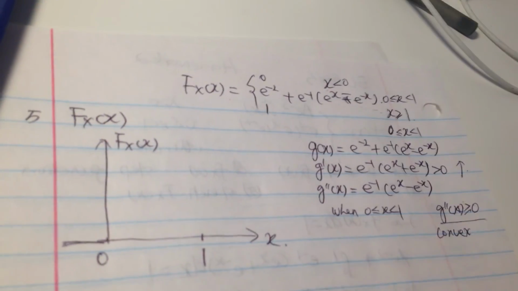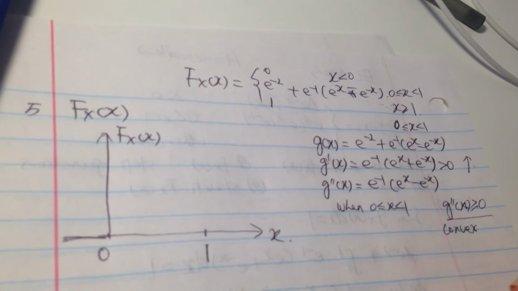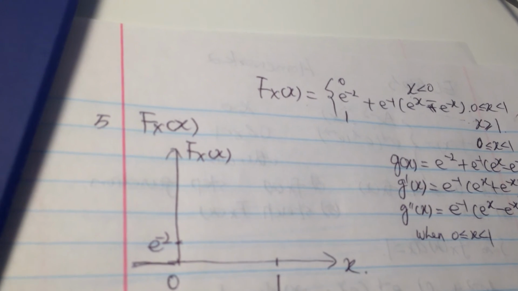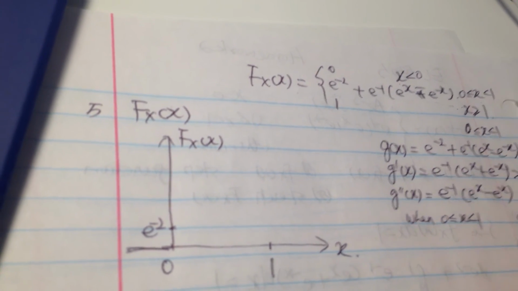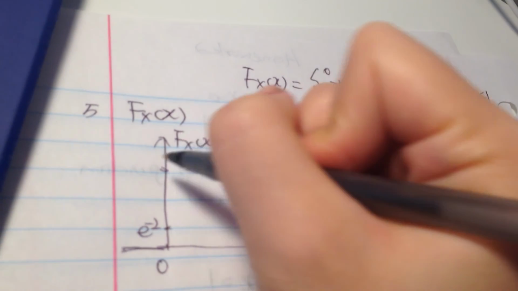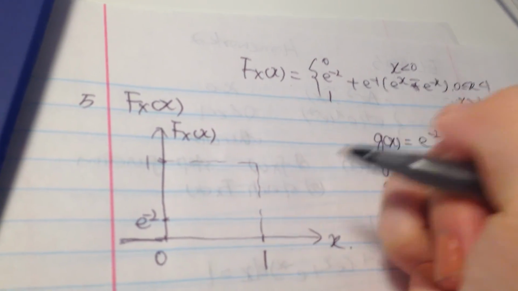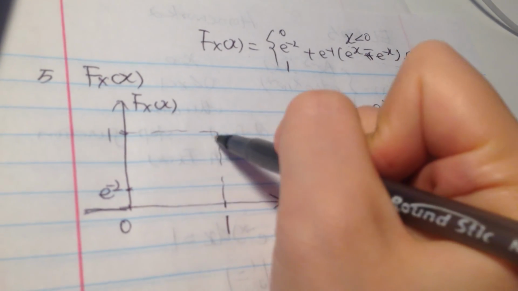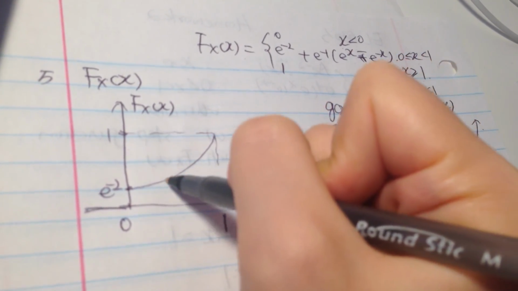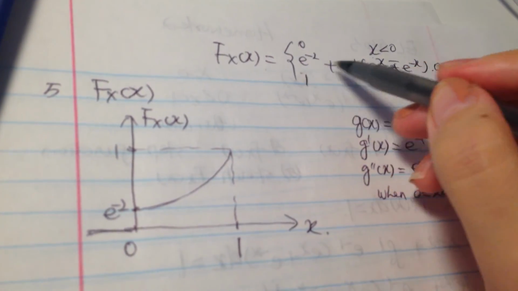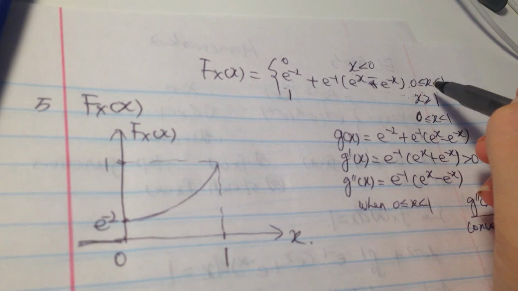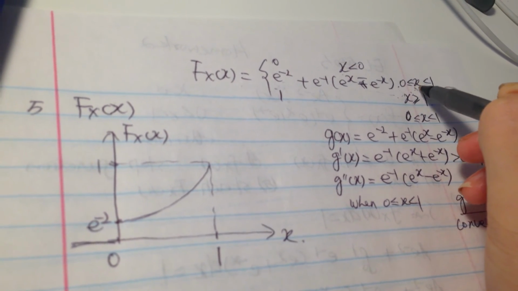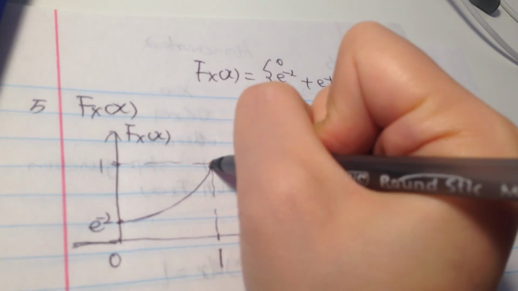When x equals 0, it would start from here, and when x is 1, it is 1. And according to the two properties, we could draw it this way. Of course, in this section, x could not get 1, so this should be empty.